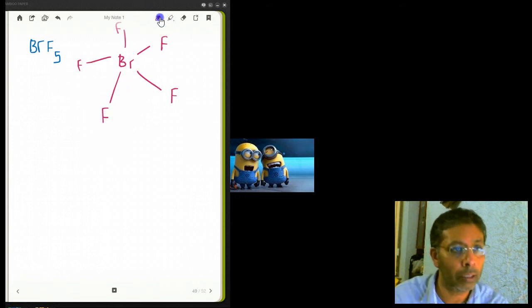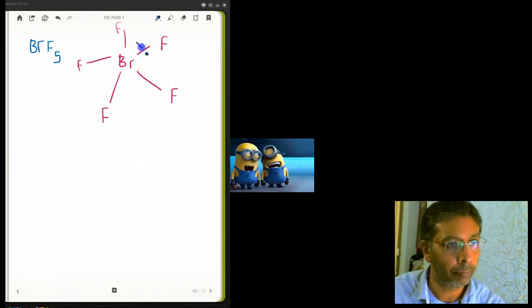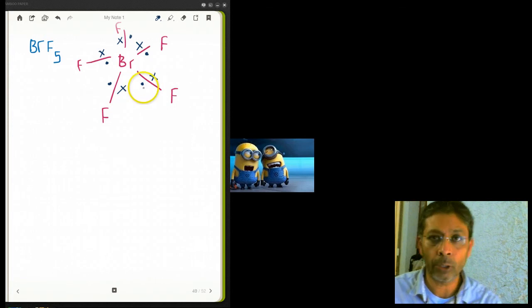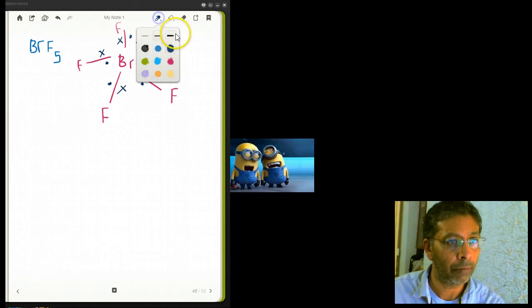So it's a process that you're using to work out the actual shape. Right, so 1, 2, 3, 4, and 5. Now bromine is using 5 electrons. It's in group 7. It has 2 left over. Right, 2 left over. There they are.